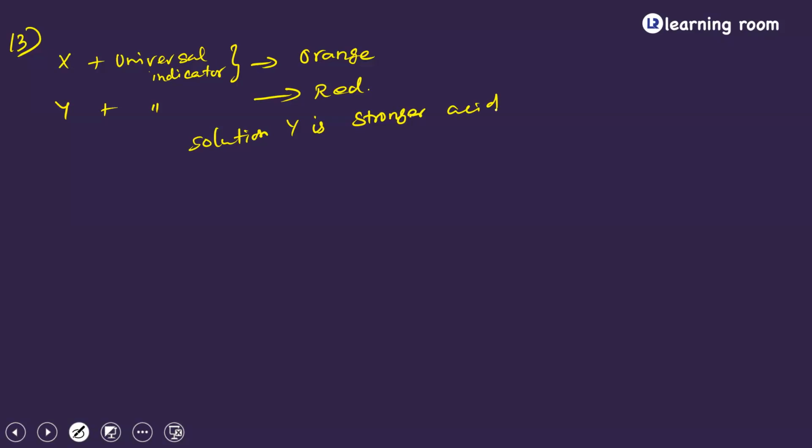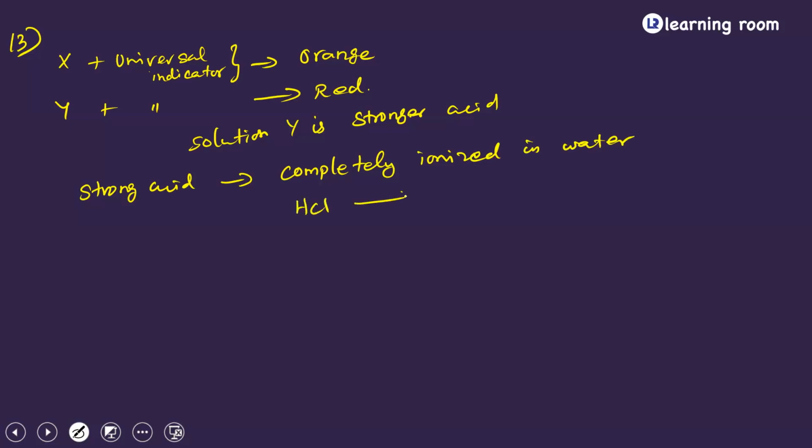Then what is a strong acid? When the acid is completely ionized in water. For example, hydrochloric acid will give H plus ion and Cl minus.